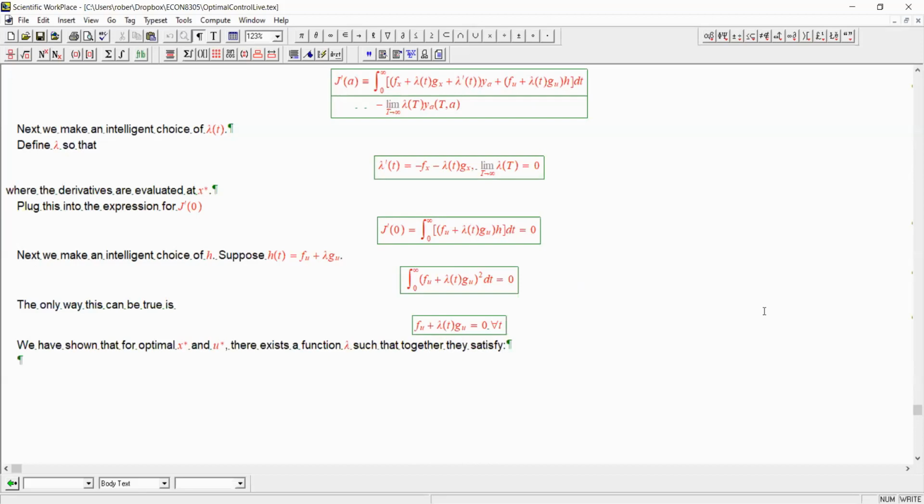First condition is what we're going to call the state equation. That is just the equation that x prime equals g of x, u, t.